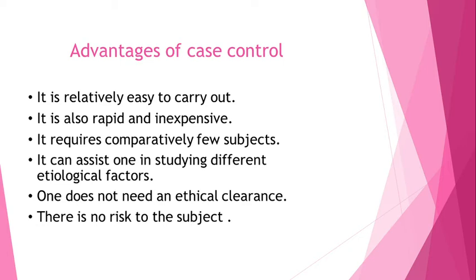So here the matching becomes important because we are not able to randomize the patients into groups as they are done in the randomized control trial, and then we determine whether the patient has been exposed to the drug in question, and then we compare the groups.